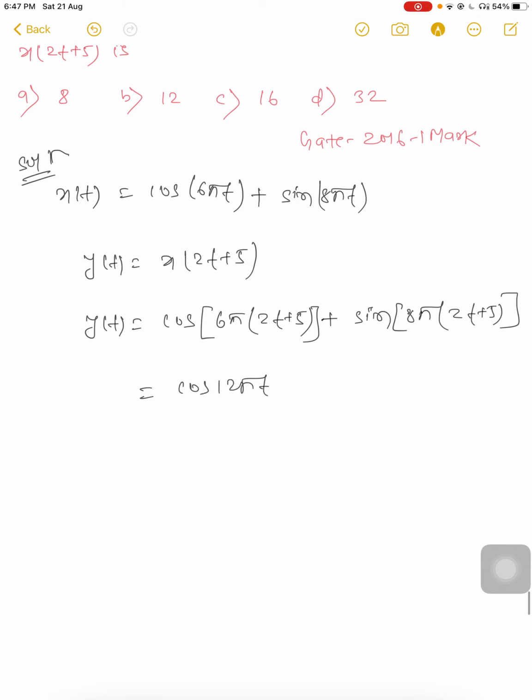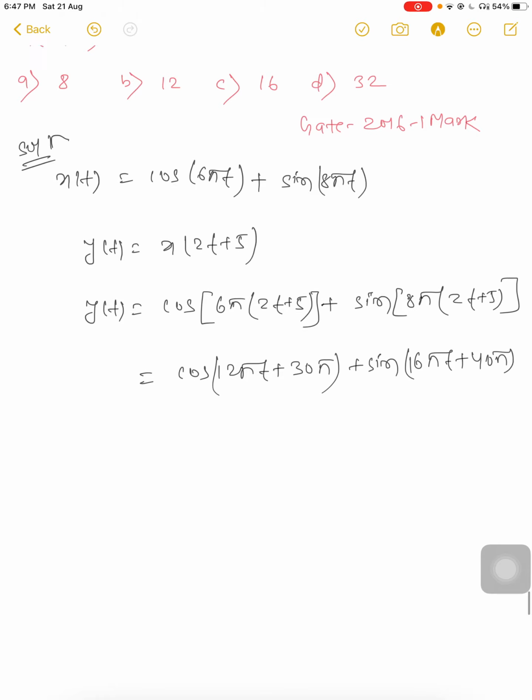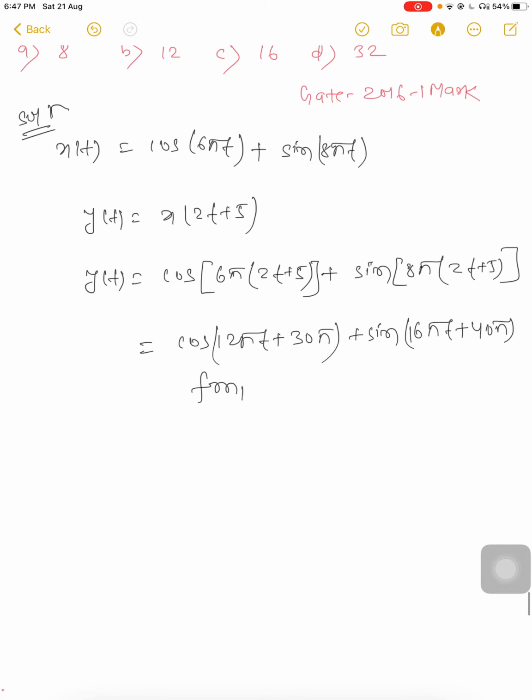After simplification, we will get cos(12 pi t plus 30 pi) plus sin(16 pi t plus 40 pi).